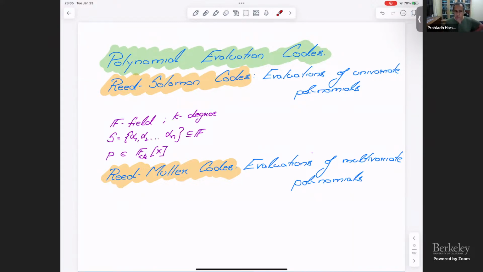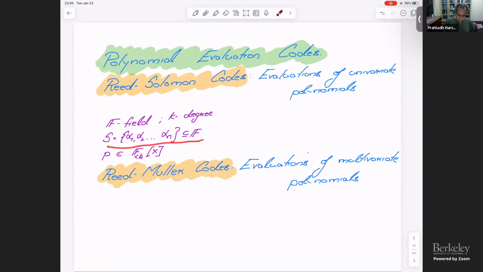To be a little more precise, Reed-Solomon codes are of the following type. There's some underlying finite field. There's a degree parameter k. There's S, which is a subset of the field, which is a set of evaluation points. And then there's the message, which is a k-symbol string, which is viewed as a polynomial of degree less than k over this field.